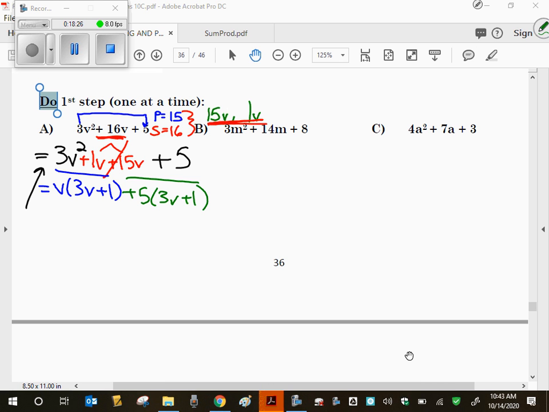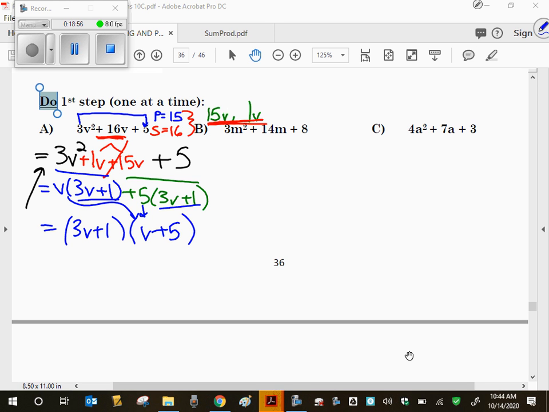Because you have to do the last step, otherwise you won't get full marks on your multiple choice answers. Take out the common binomial and write down the leftovers into the second bracket. AKA, take out a 3V plus 1, whatever isn't underlined, put into the second bracket.